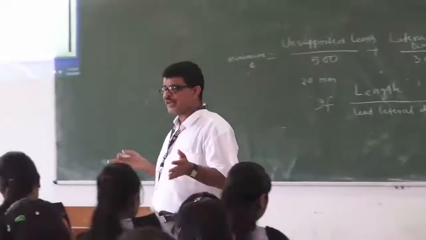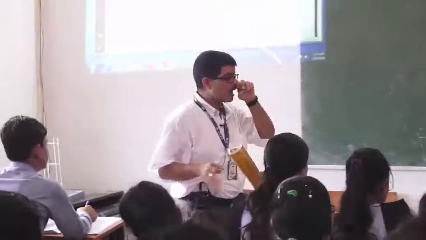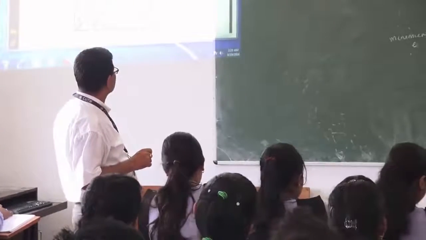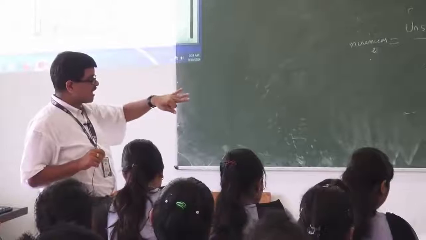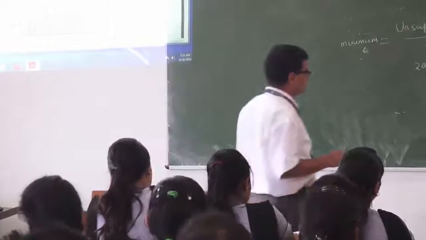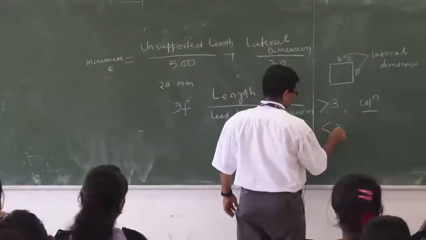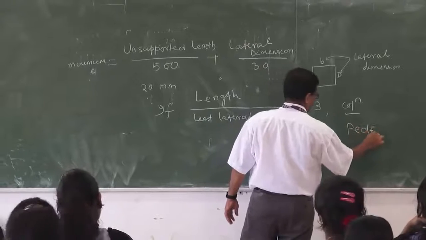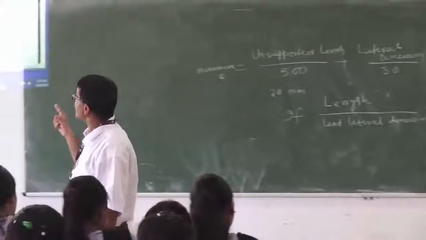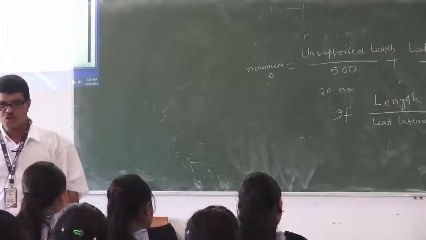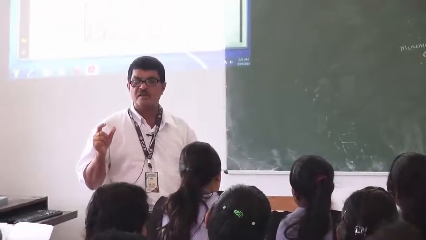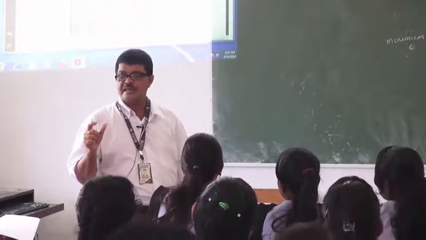You have two dimensions, one is the width, one is the depth. Out of these, the least value we consider is known as the least lateral dimension. Once the ratio of length to least lateral dimension exceeds 3, it is called a column. If it is less than 3, it is called a pedestal. Compression members can also be struts. A strut is a technical word used for compression members in trusses.